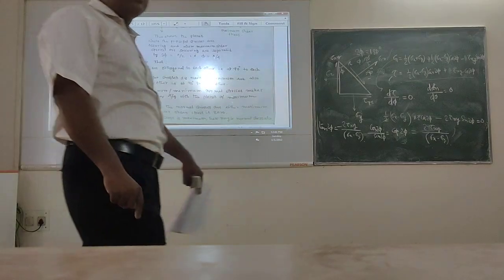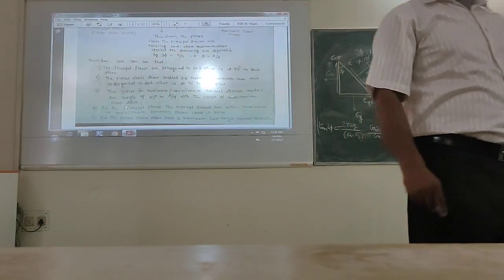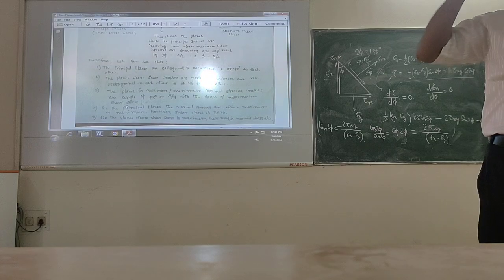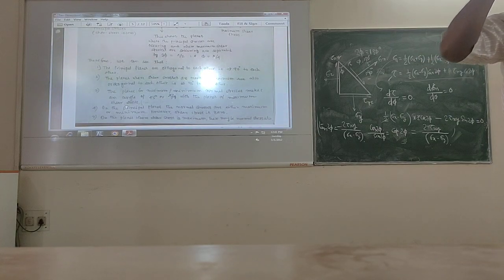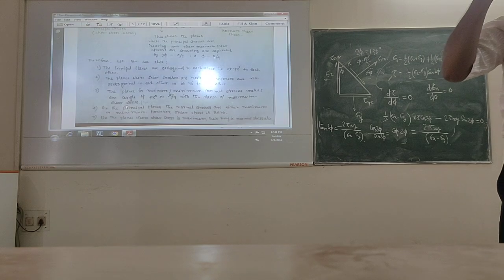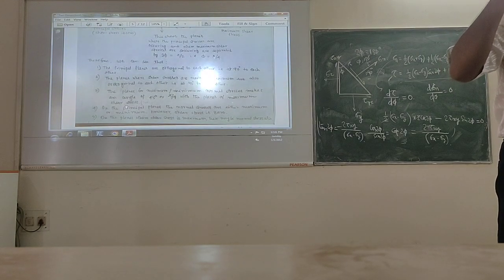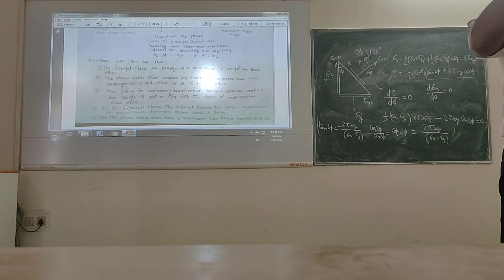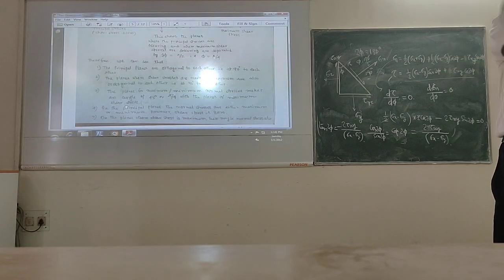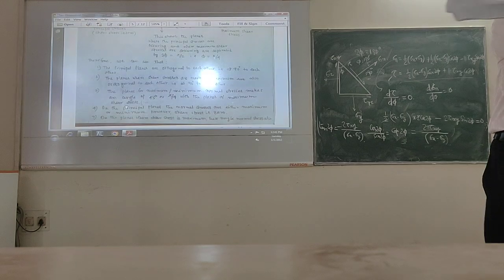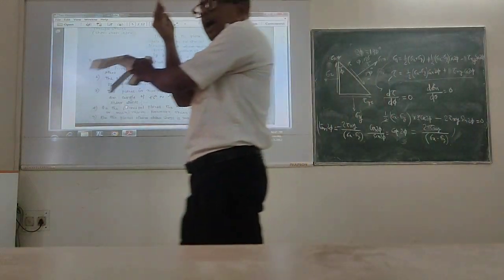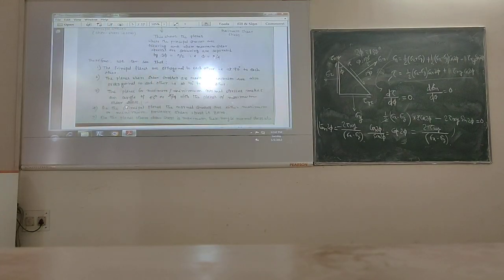What will happen to the shear stress? What relation have we established? We have established the relation cot 2φ equal to 2 tau xy by sigma x minus sigma y. What does it mean? It means cot 2φ is cos 2φ by sin 2φ. That also means that the planes where the maximum shear stresses will occur will be at an angle of 90 degree to each other.